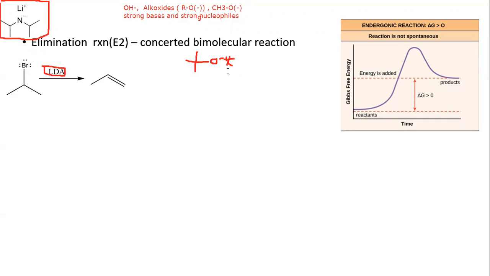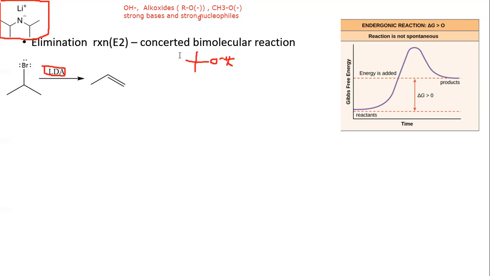But again, potassium t-butoxide and lithium diisopropylamide are what we call strong bases but poor nucleophiles. And so they would only undergo elimination reactions, because when you're a strong base, you like to rip off protons. Since these are strong bases but poor nucleophiles, these can only undergo elimination reactions. So they can only remove protons and form double bonds.